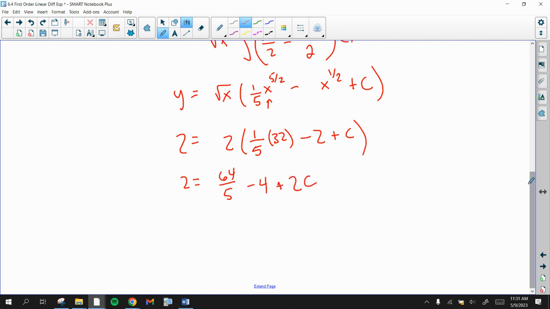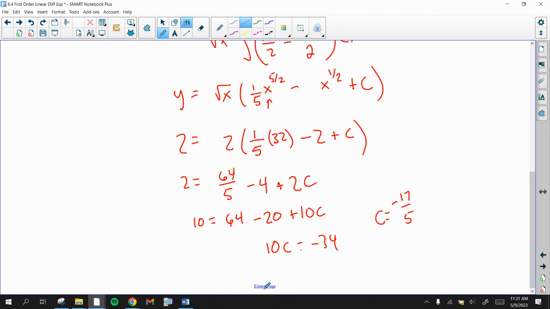Don't forget to multiply the c by 2. I'm going to multiply everything by 5 right now. So I have 10c is going to equal 64 minus 20 is 44. Subtract it over here, negative 34. I'm getting c equals negative 34 over 10, or just negative 17 over 5.